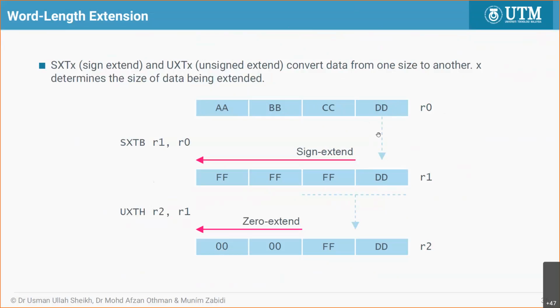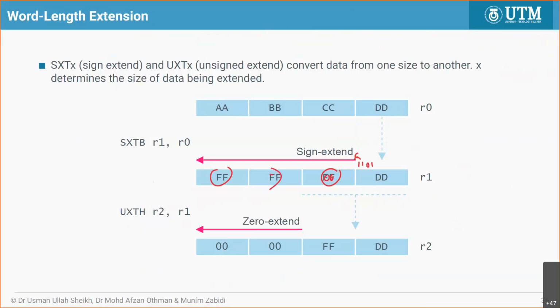So the DD is copied, and then the sign bit, because DD is negative. So what is DD? It is, I think, 1101. Because the MSB is 1, it becomes F all the way. If the first bit is 0, then it becomes 0.